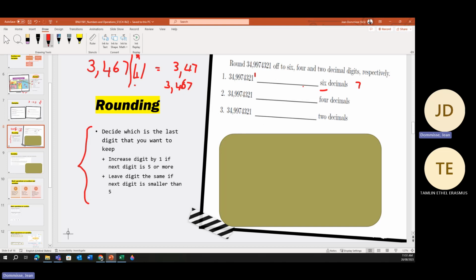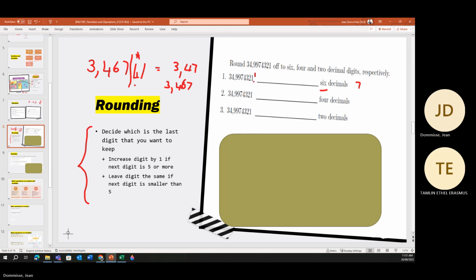Do we round up? Do we keep it the same? 1 is below 5, or 4 and below, so we'll keep the 6th decimal exactly the same as it is. So it will become 34.997432.